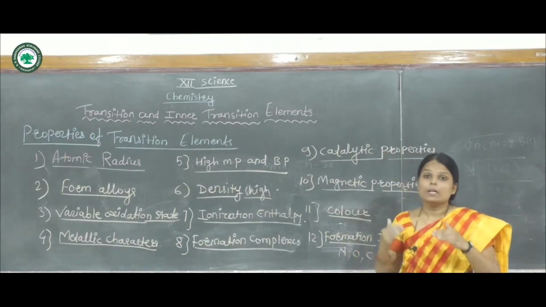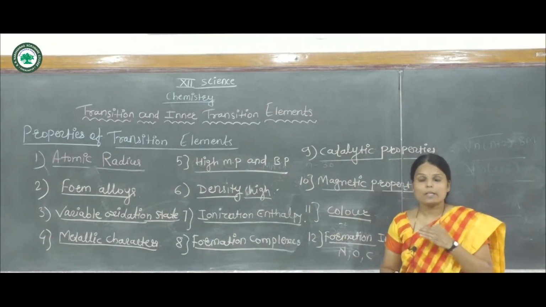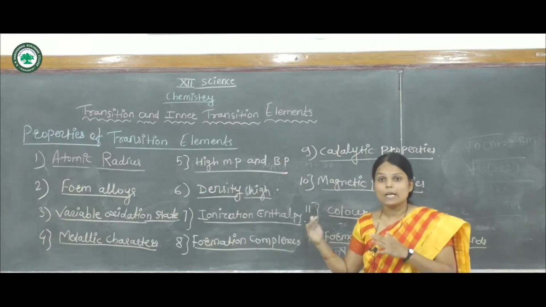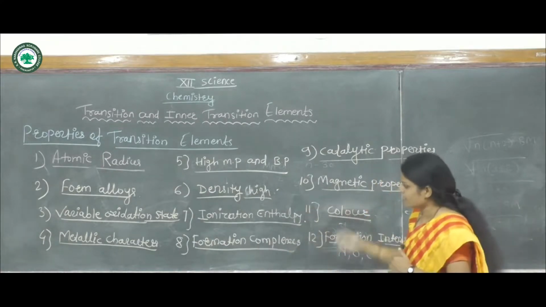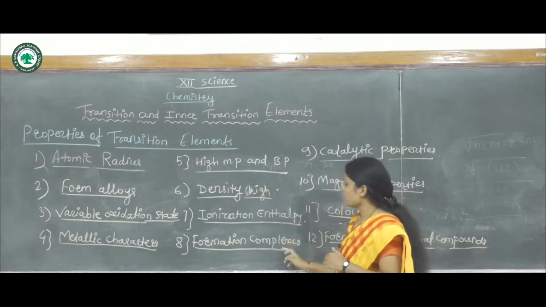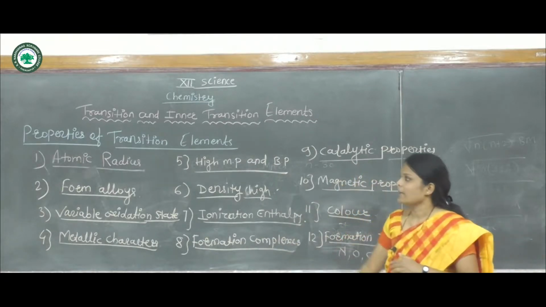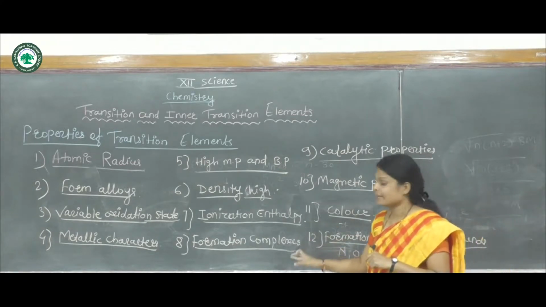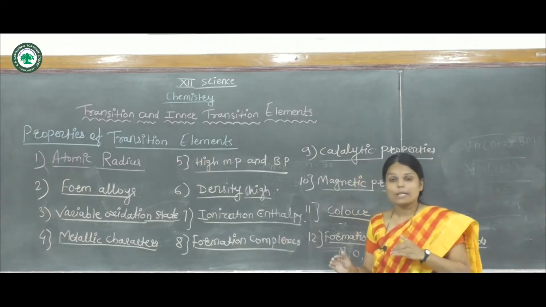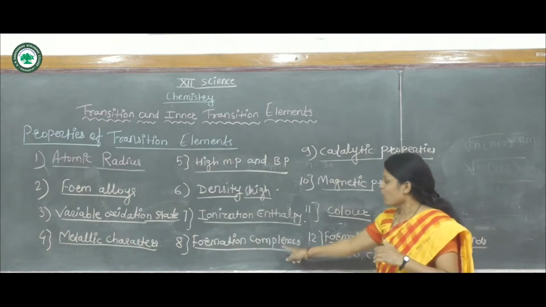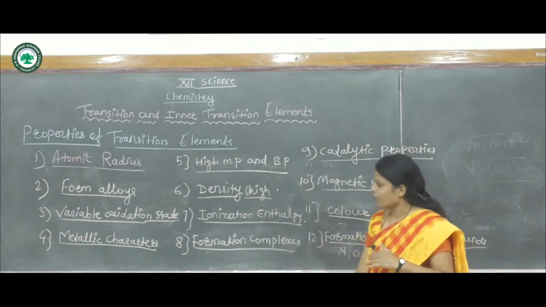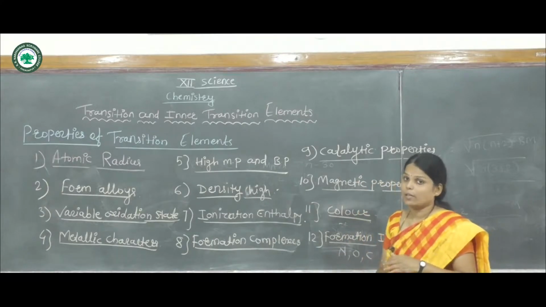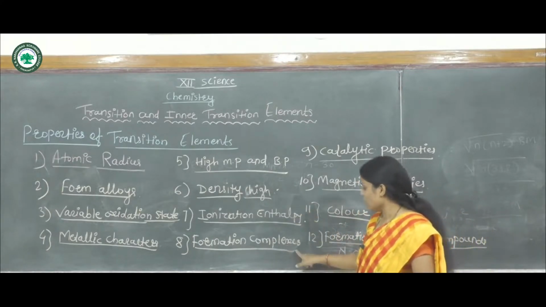At that time the nuclear charge also increases and the atomic size also increases. Then there is the formation of complexes, meaning the transition elements can form complexes. In inorganic chemistry, complexes are formed more, and the transition elements have this property of forming complexes.